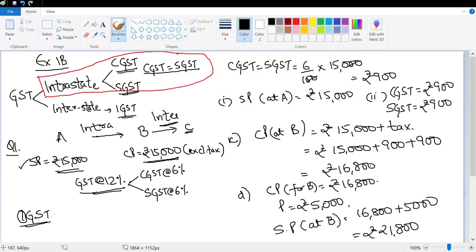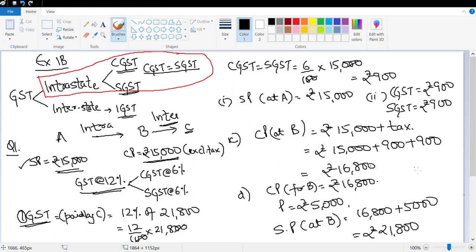But I'm repeating, whether you call it IGST or you call it GST, it's basically a tax at a certain rate, nothing else. So IGST paid by C will be 12% of the cost price for him, which is 21,800, which is 12 by 100 into 21,800.